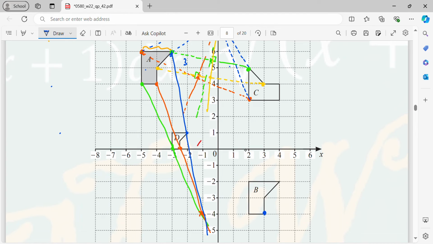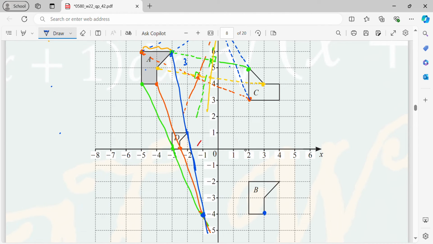Draw the line using a ruler, it's a straight line.